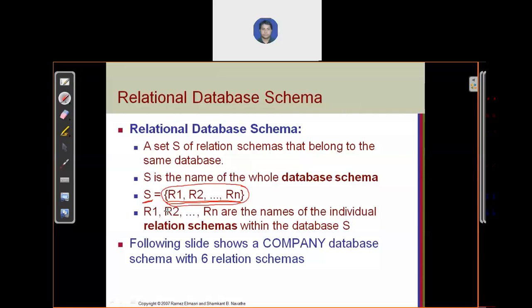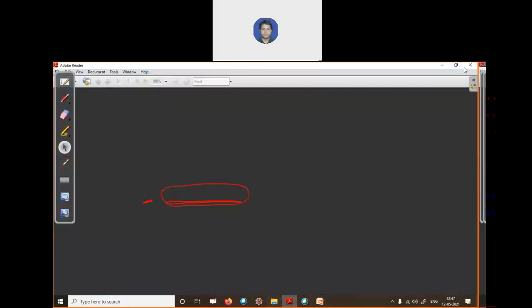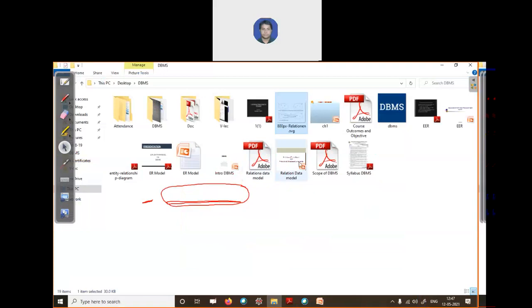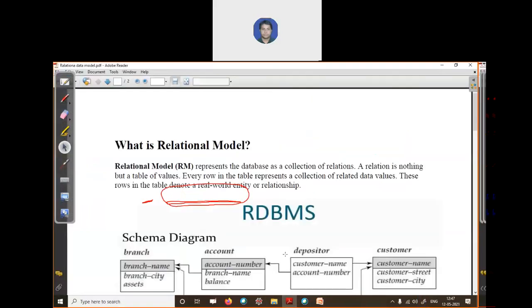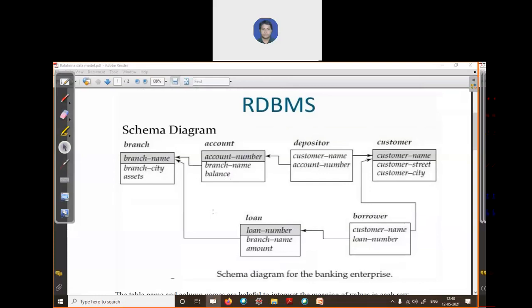I'm sure you haven't understood what I'm talking about, so please give me one minute to go back. Here you can see in this database there are six relations, six tables. Relation and table are the same. And each table has a relational schema.